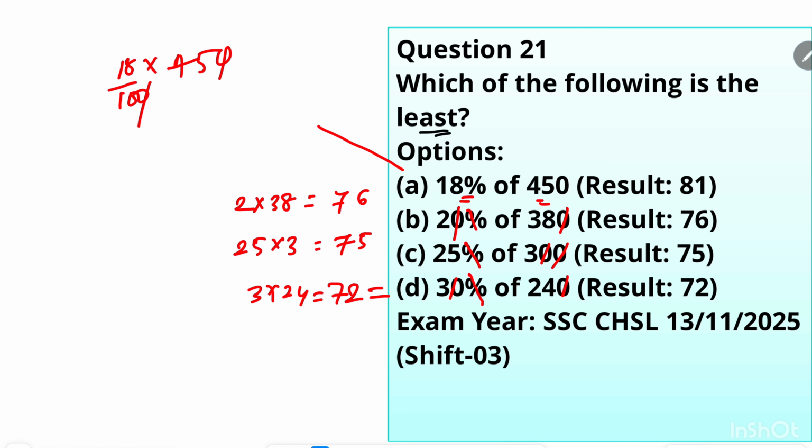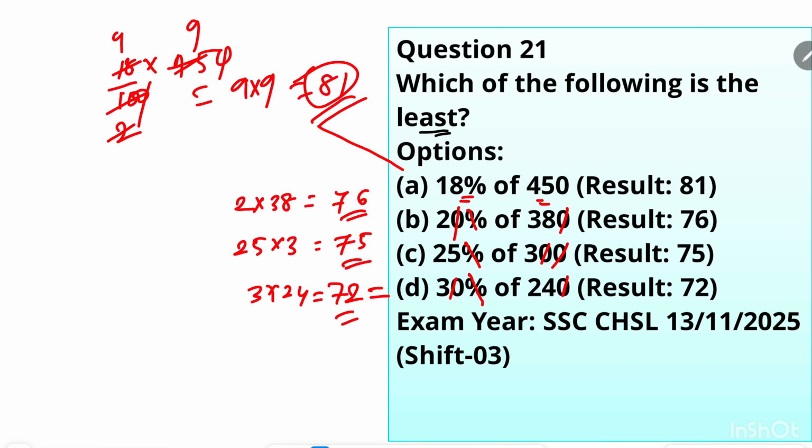How much will it be? Here it will be 9 into 9, so 81. So which is the least number among these? Of course, here we got 81, here we got 76, here we got 75, here 72, right? So this will be our least number, and the option D will be the answer, right?